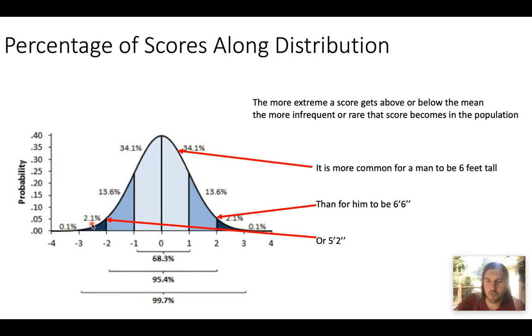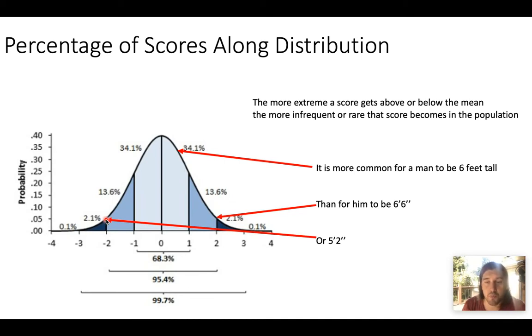And of course, where these heights fall on the curve is based on our mean of 70 with a standard deviation of 4 inches. So what we can already say is that it's quite common for a man to be 6 feet tall. It's quite uncommon for a man to be 6'6", and it's also quite uncommon for a man to be 5'2".